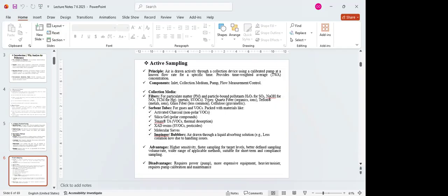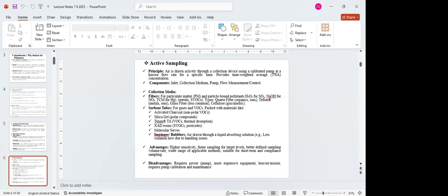Now, what are the components of this equipment that we're going to deploy? It has an inlet, and it has a collection medium. It has a pump, flow rate, flow measurement and control. Like I mentioned, if any of you have the time, when you come to the school, particularly the College of Social Sciences, I can take you to a place where you will see one or two of this equipment we are talking about.